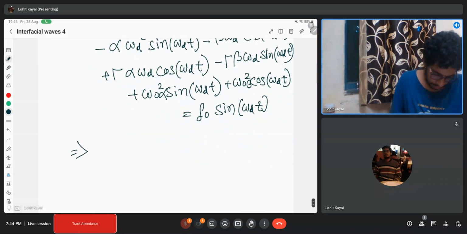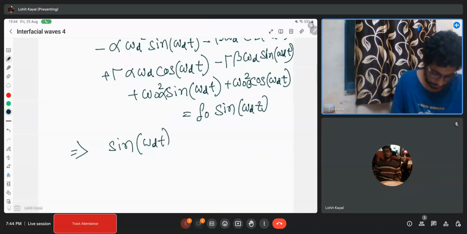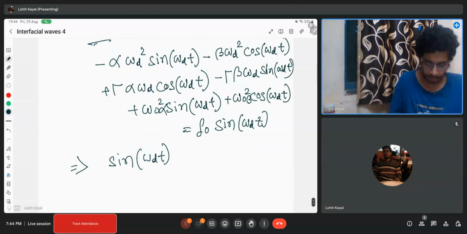So we now need to separate the coefficients of sine omega d t and cos omega d t.